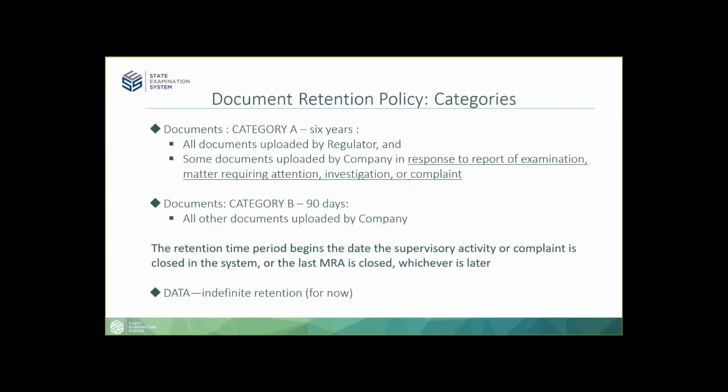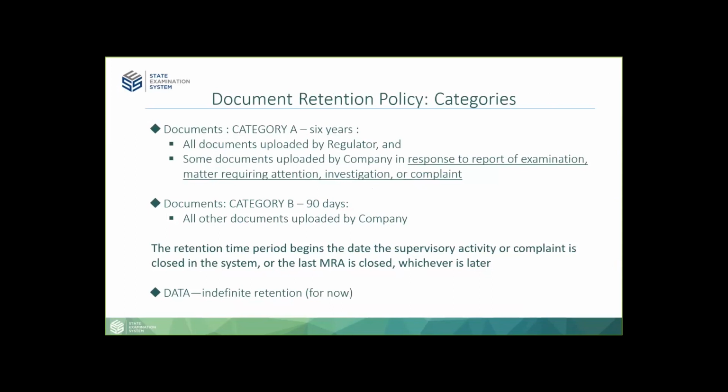Now, we said that documents are part of the policy's data retention provisions. So there are two categories for documents for purposes of document retention. There's Category A, which is kept for 6 years, and Category B, which is kept for 90 days.